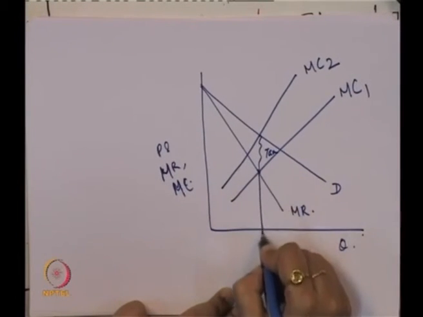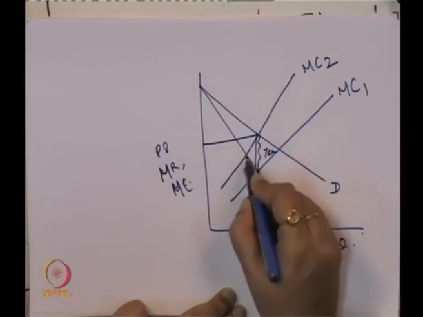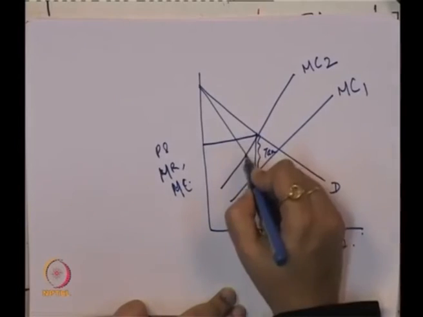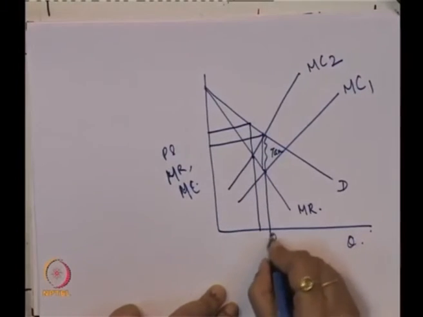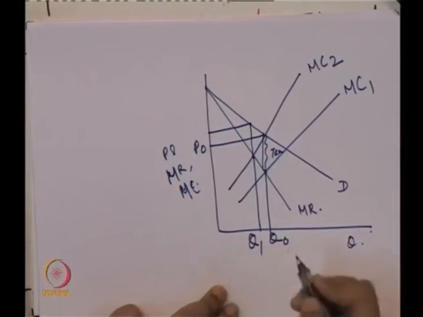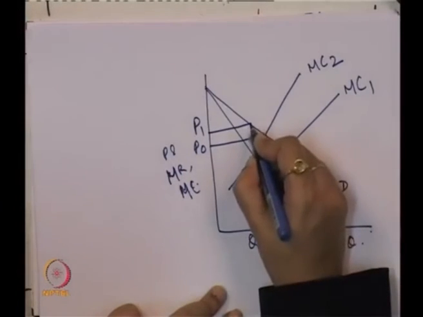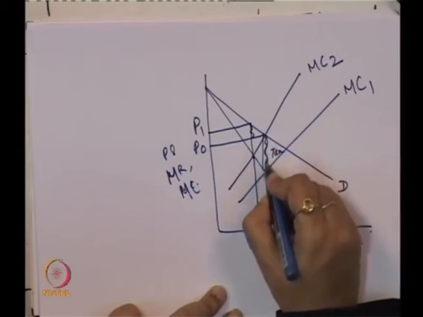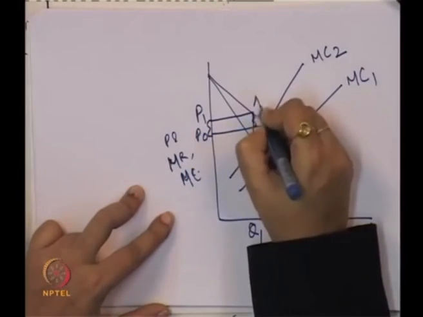So this is the new price. So this is Q0, this is P0, this is Q1, this is P1. So this is the increase in the price and this is the total amount of tax. This is the increase in the price.